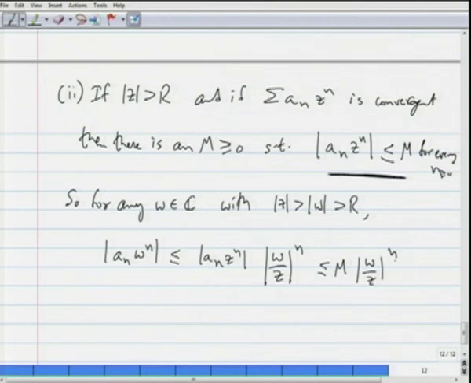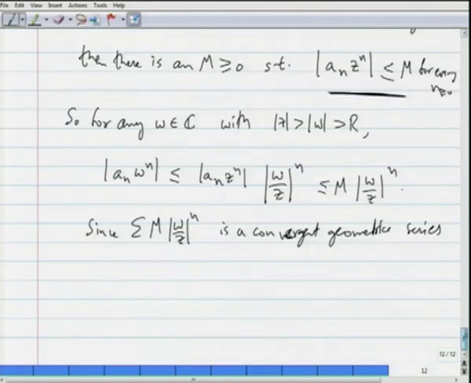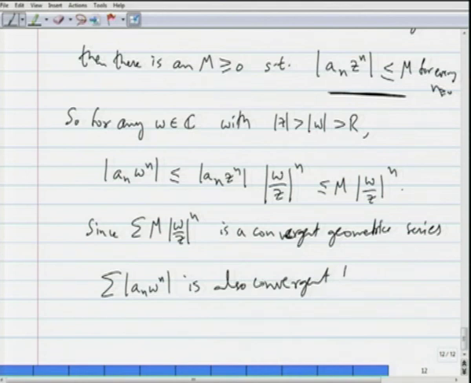So, it is a similar estimate to what we have done before in the previous case, and since sigma M (w/z)^n is a convergent geometric series, sigma of the modulus of a_n w^n is also convergent by the comparison test.